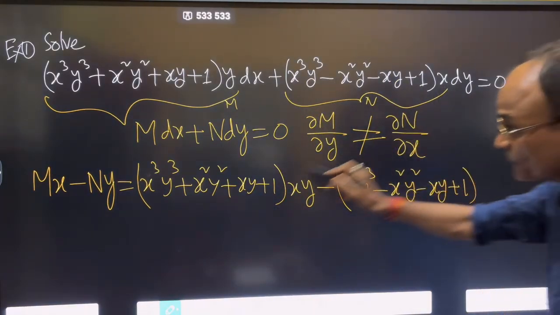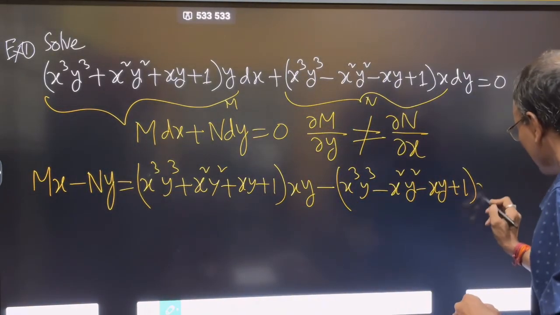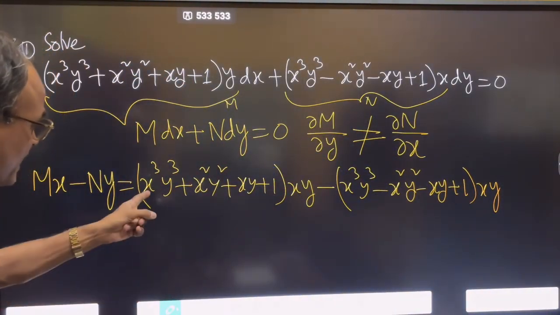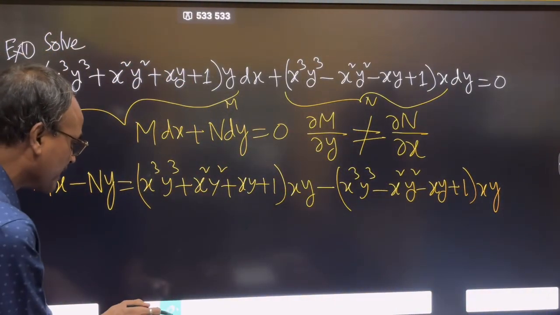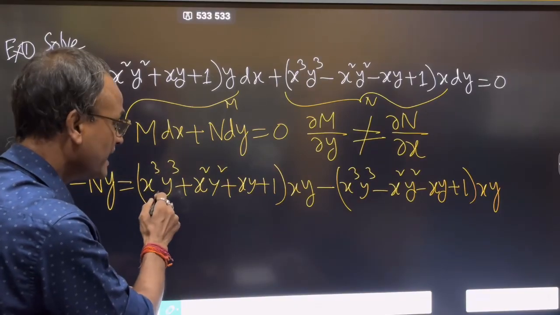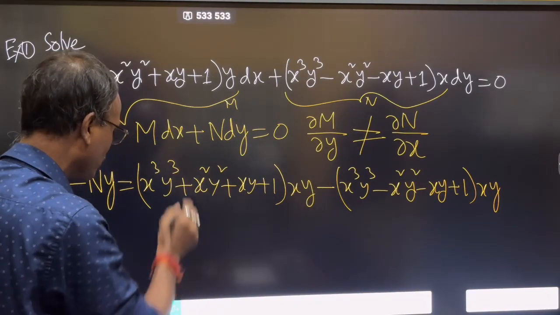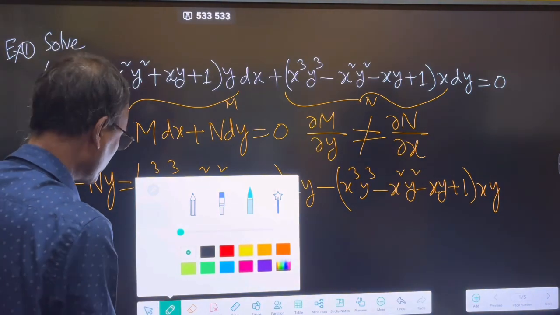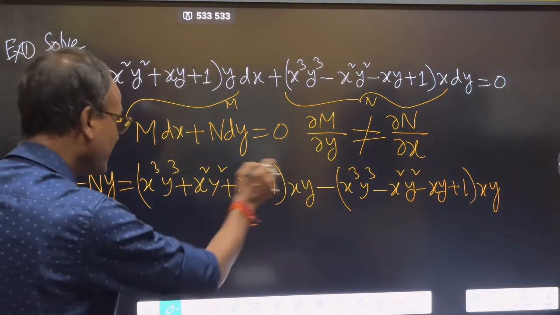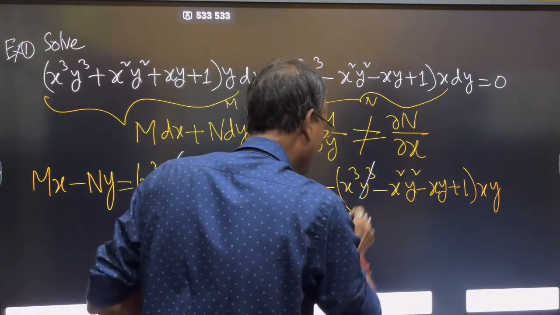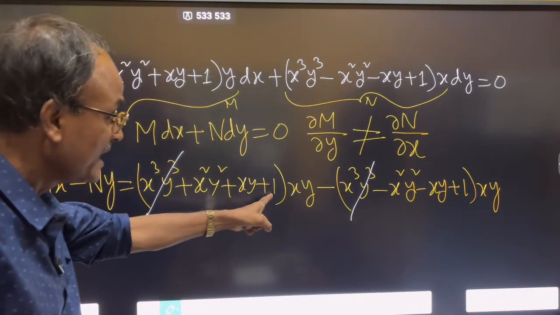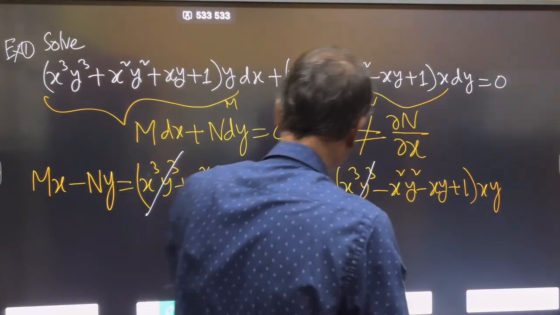X was already there, we multiplied by y, giving xy. Now this term is x to the power 4 y to the power 4, plus and minus x to the power 4 y to the power 4 cancel. And xy minus xy cancels.